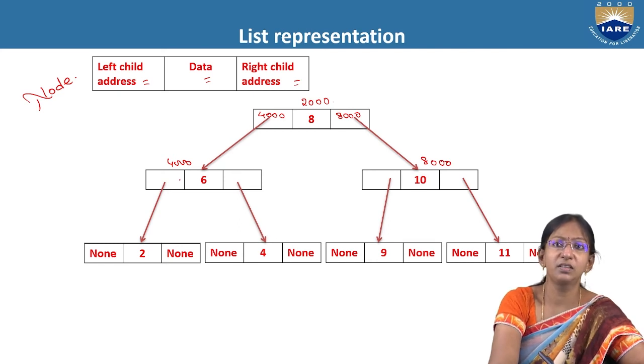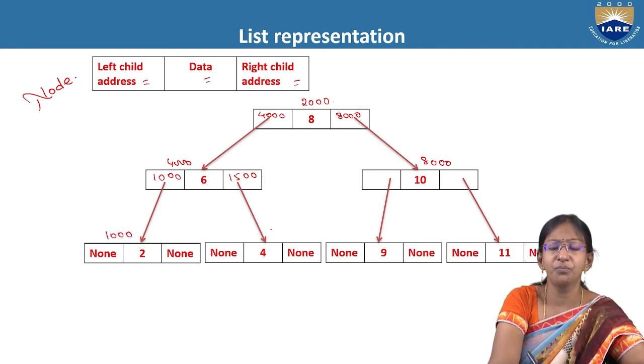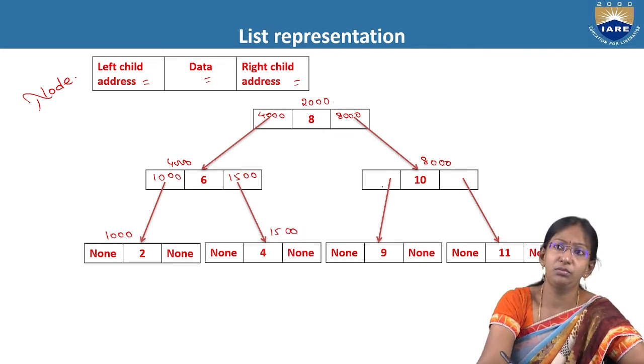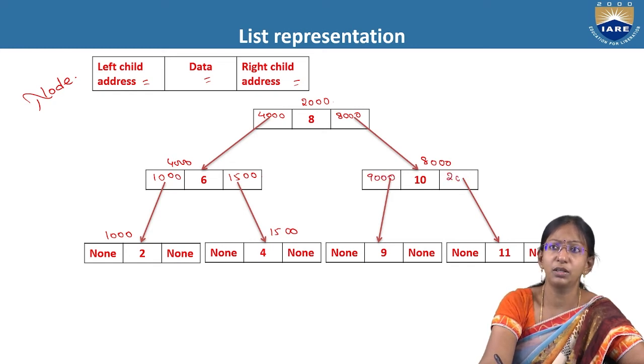Whereas node 6 is at location 4000, it says that its left child is at 1000 and right child is at 1500. That means node 2 is at location 1000, whereas its right child is at 1500. Coming to node 10, which is located at location 8000, it says that its left child is at 9000 and right child is at 2500, say.